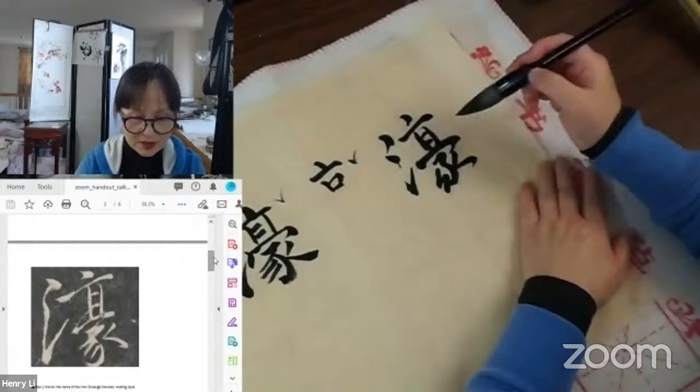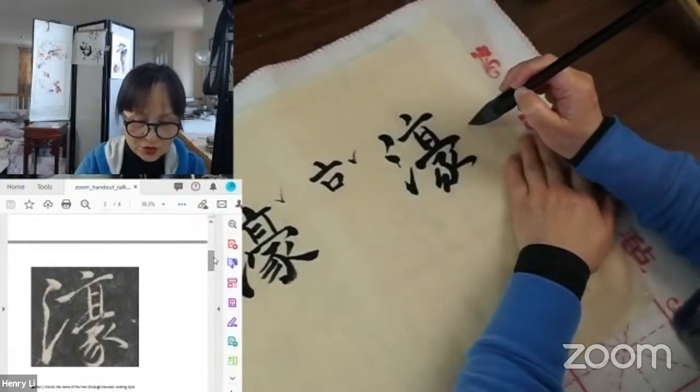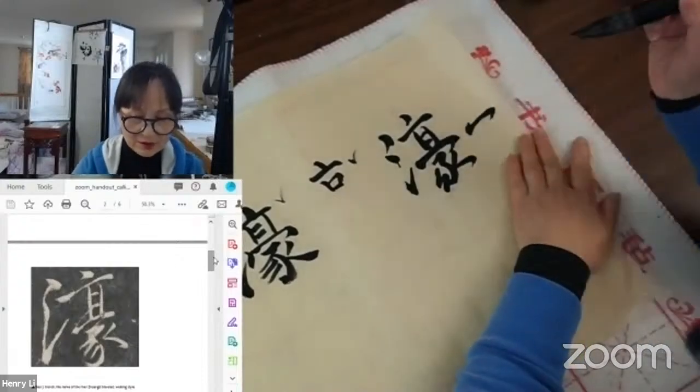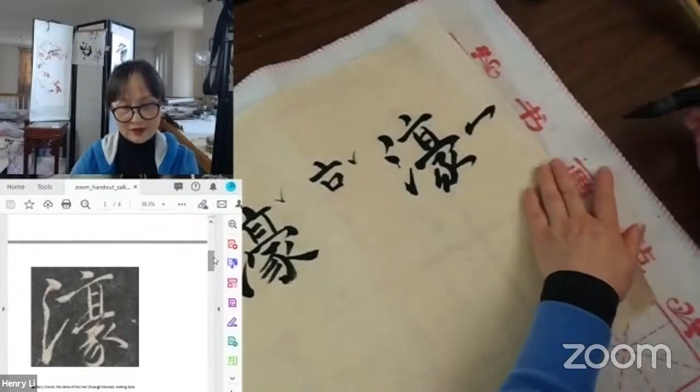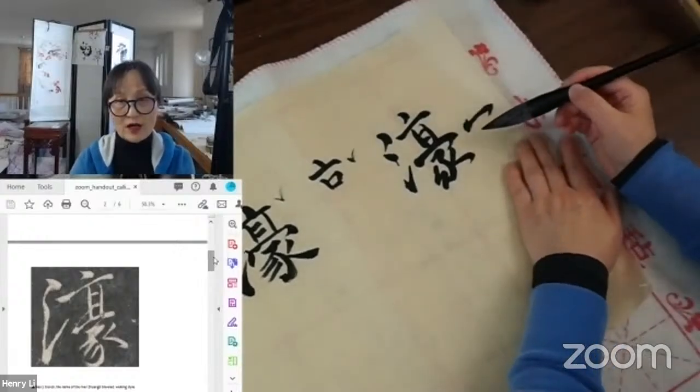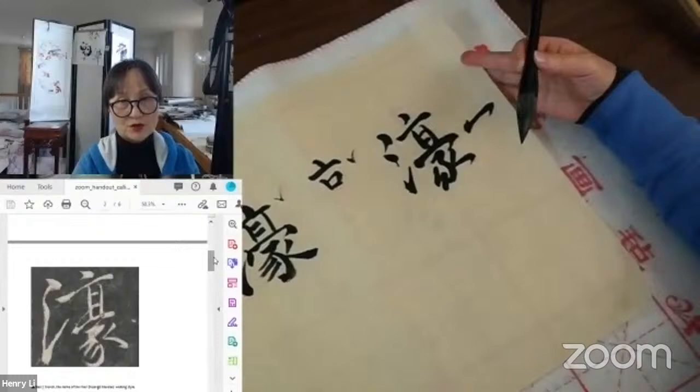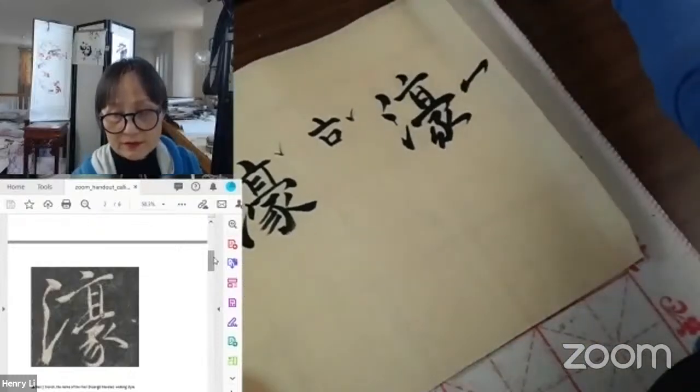See, this part doesn't really show, just a little bit. It even looks like one horizontal stroke, becoming one stroke.